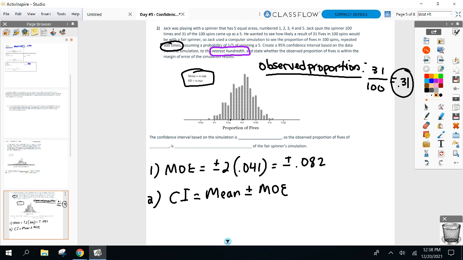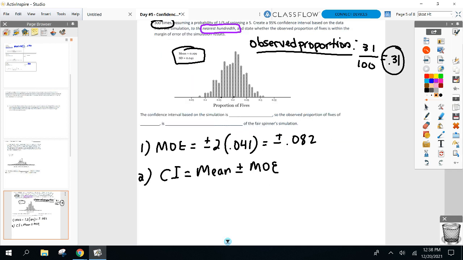So watch out, nearest hundredth. So what do I have? 0.199, I'm getting that from the dot plot, everyone. 0.199 plus or minus 0.082. So make sure you add and subtract.